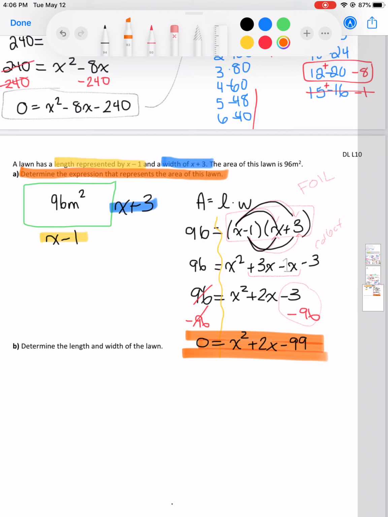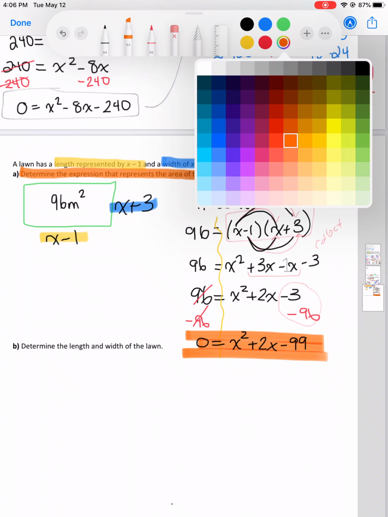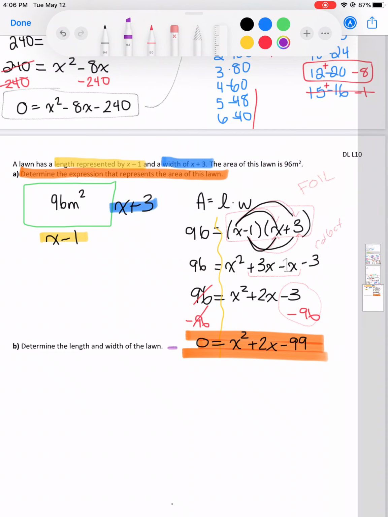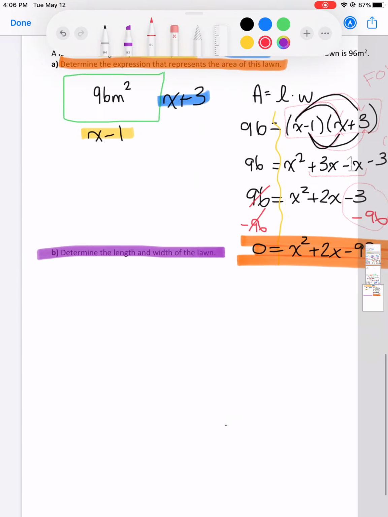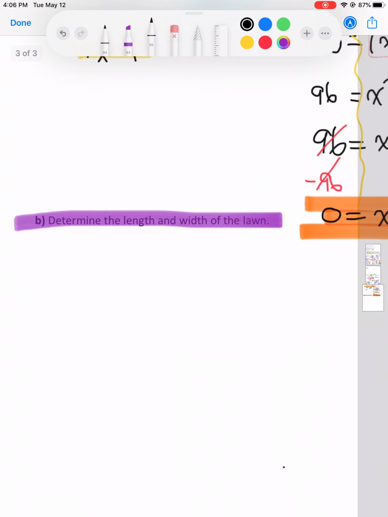Very Halloween-y. Now it says determine the length and the width. So this is going back to what we did in the last question. So we have to factor this. What does this mean? AKA, also known as factor it.